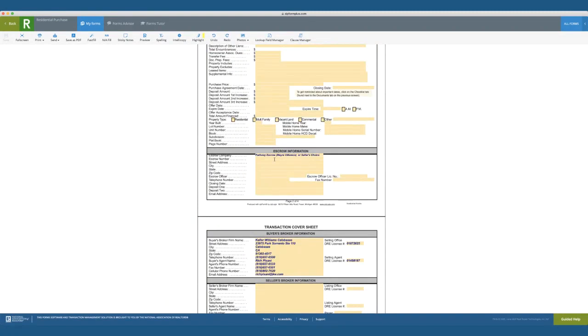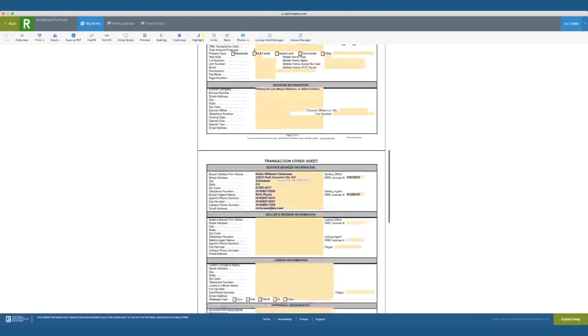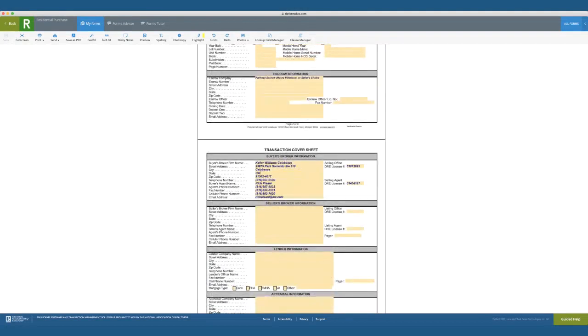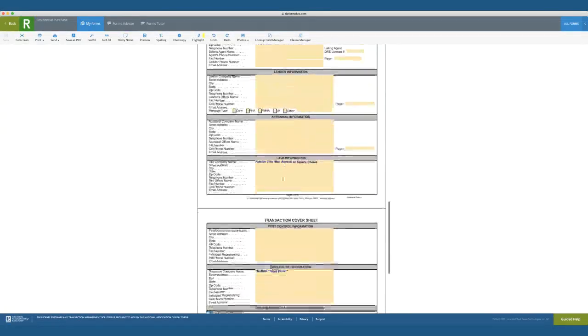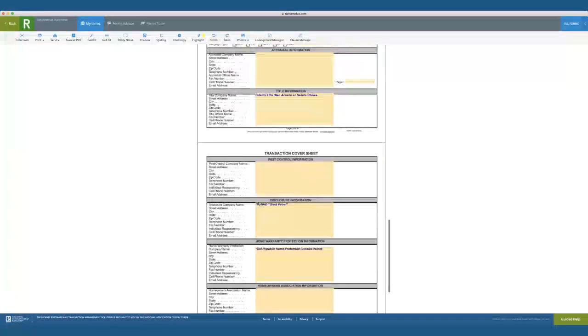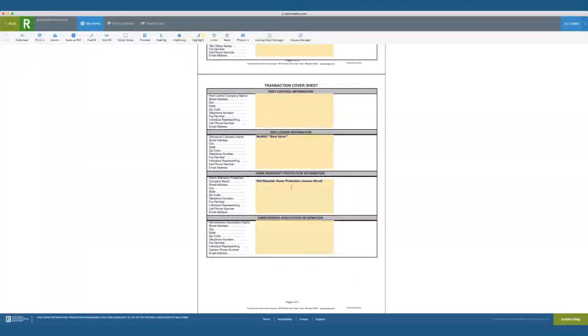Namely, remember you're on the buyer side, you're going to ask for your escrow company or seller's choice. Just on the chance they will use our escrow company, why not? And then you're going to fill in your information, the buyer's broker's information. You're going to fill that all in, and title, whatever your title company is, my NHD for disclosure, and home warranty.